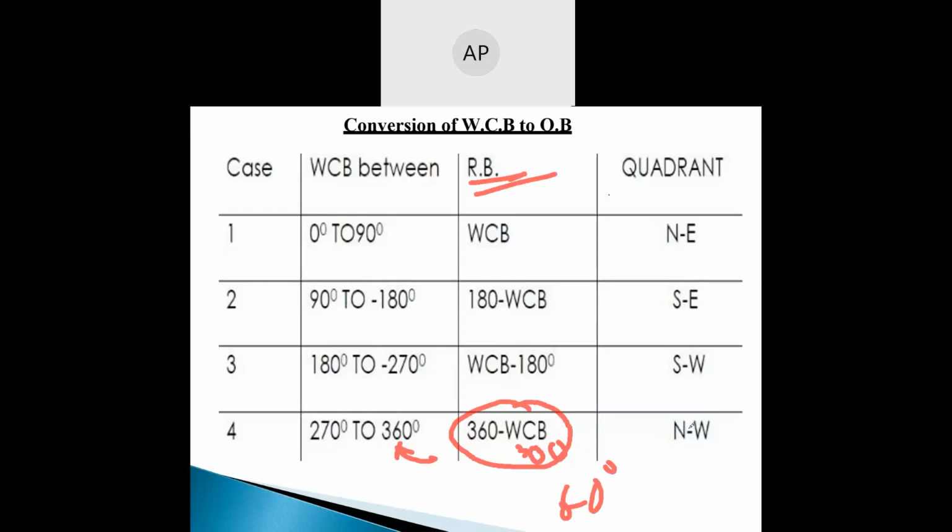North 60 degrees west, not 60 degrees west. That is your reduced bearing angle. And suppose you have got 190 degrees, then in reduced bearing you have WCB minus 180 degrees, which gives the southwest quadrant. Like this you have to convert.